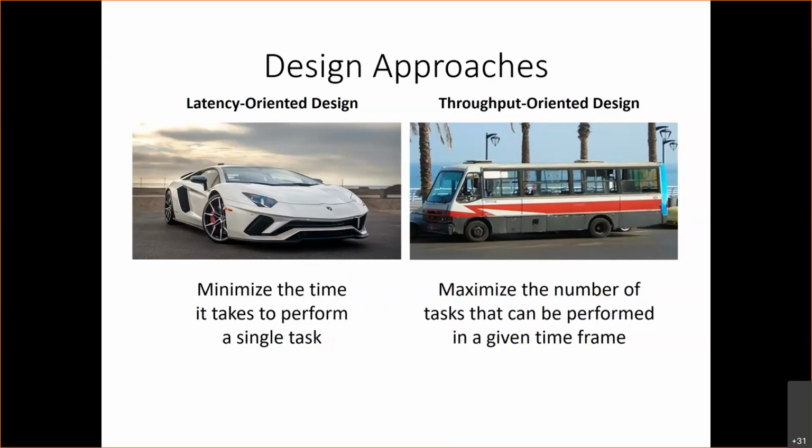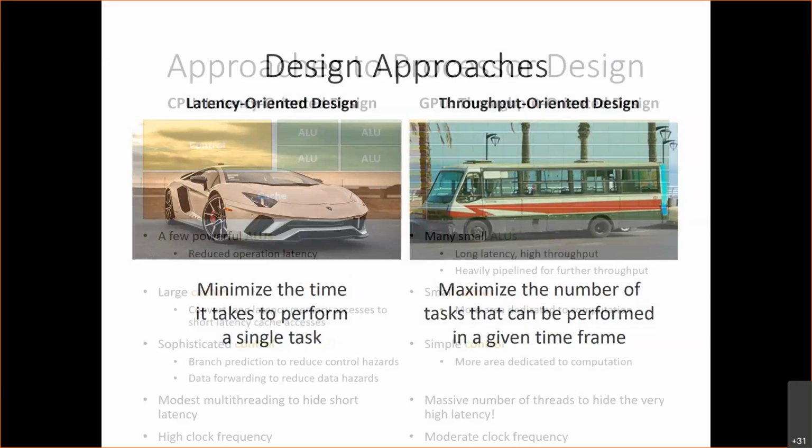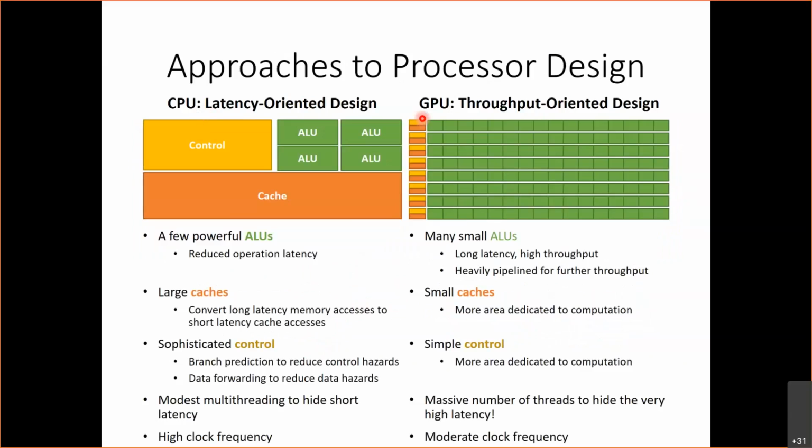And the same goes for CPUs and GPUs. A CPU is an example of a latency-oriented processor, whereas a GPU is an example of a throughput-oriented processor. And we saw how this gets reflected in how these architectures are designed.